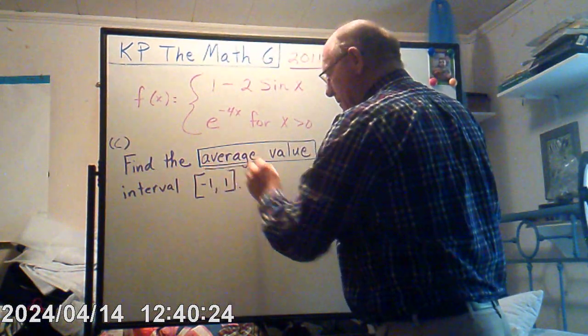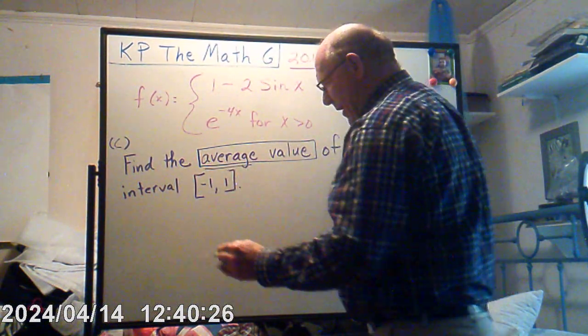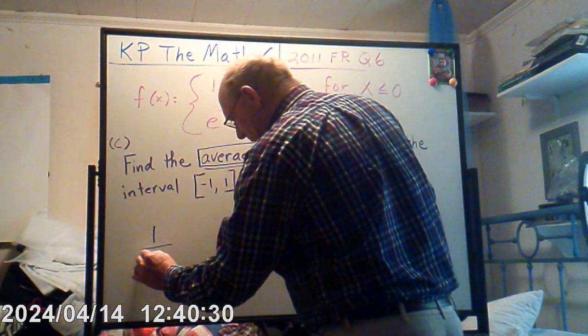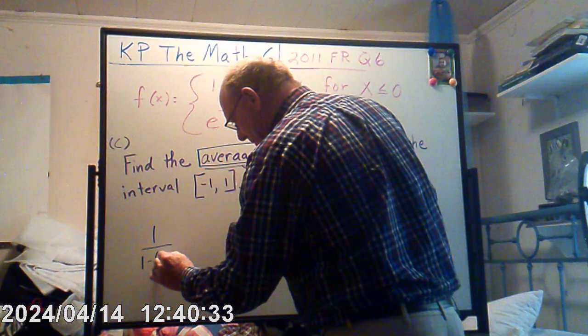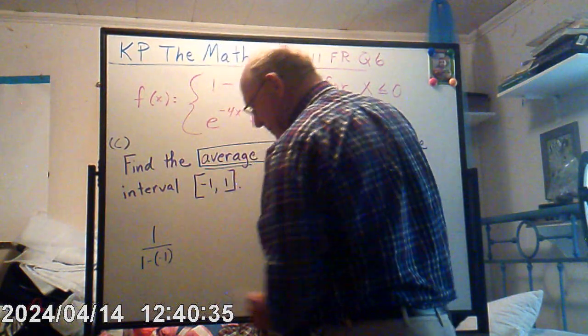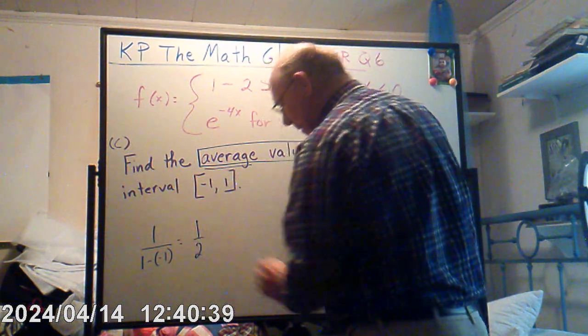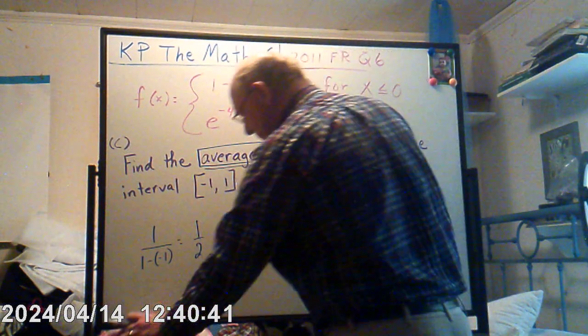Average. So I know that before I put my definite interval up, I'm going to have 1 minus -1 here, which is actually equal to 1 over 2, like that. So 1/2.